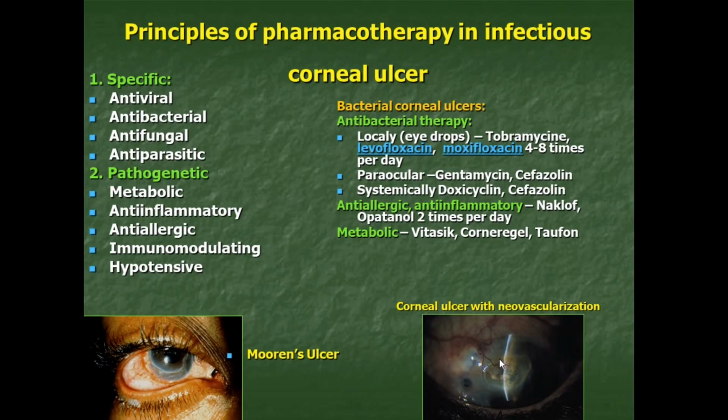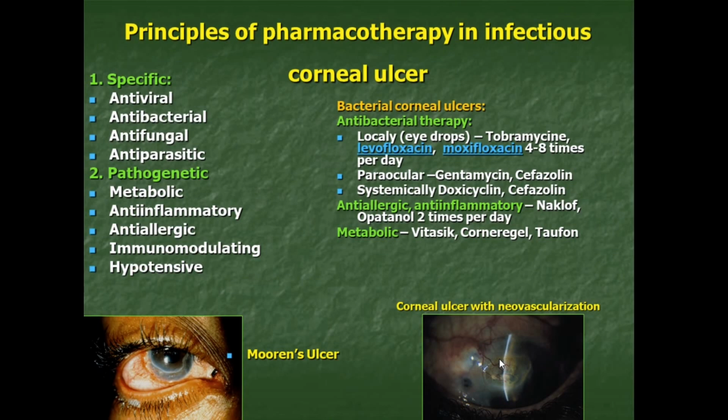If we know that the cause of the ulcer is bacterial infection, we should prescribe antibacterial therapy, like in a case of keratitis, but we should prescribe more strong antibiotics more often. We can prescribe conjunctival or paraocular injections of broad-spectrum antibiotics.